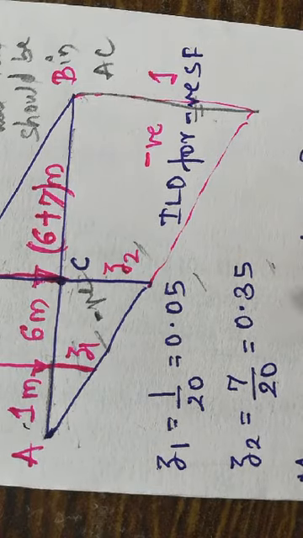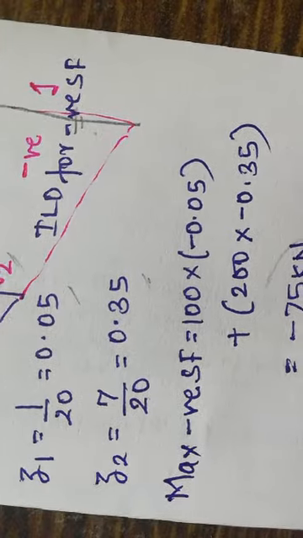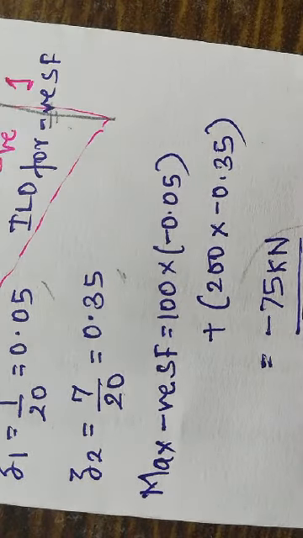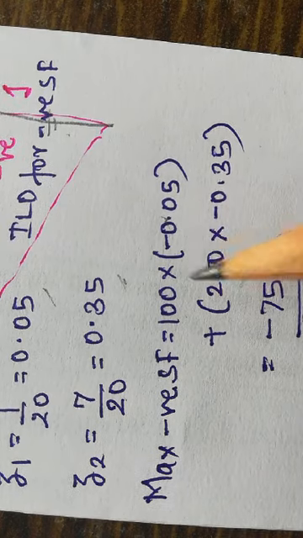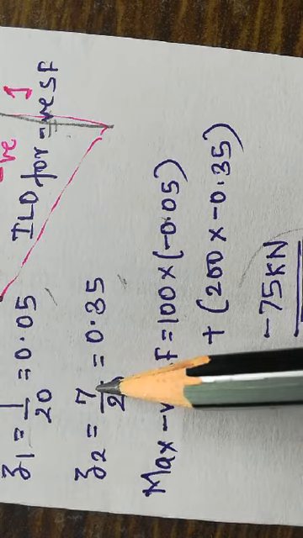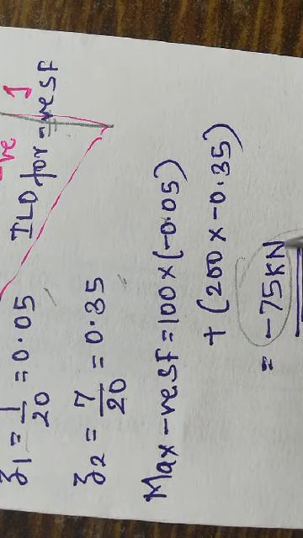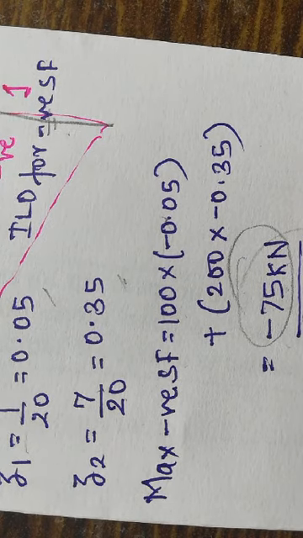The maximum negative shear force is load multiplied by its respective ordinate, 100 multiplied by Z1 and 200 multiplied by Z2. At the end we will be getting the answer as minus 75 kilonewtons.